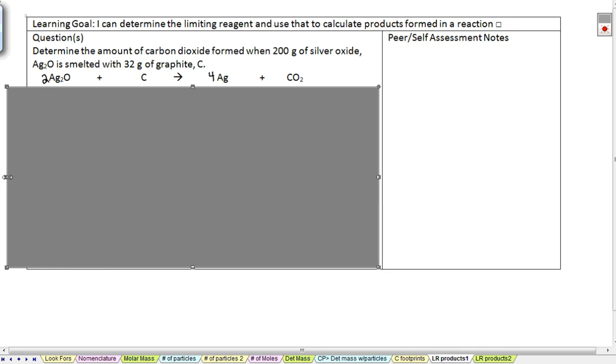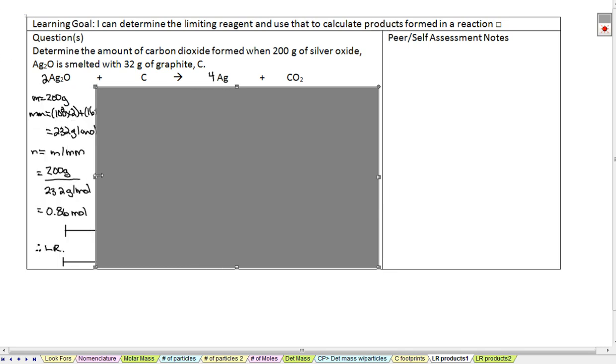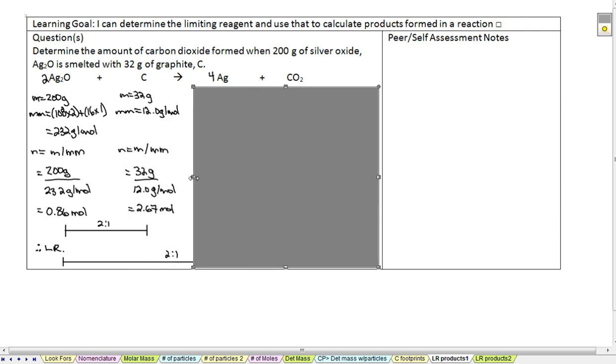So what I'm initially going to do is start to get information for my silver oxide and my carbon. So I'm just going to pull back the curtain a little bit here. Don't worry about this stuff right now. We're going to get to it.